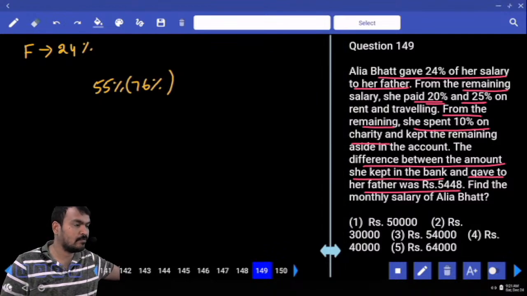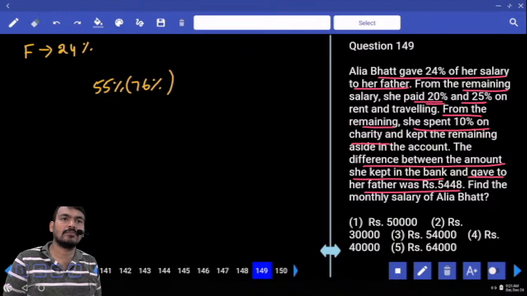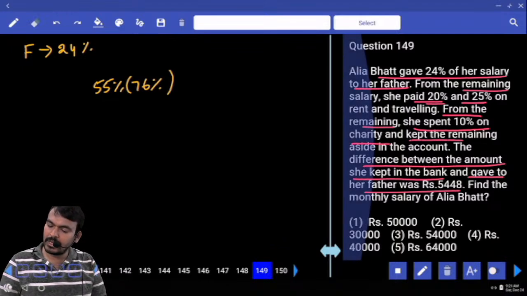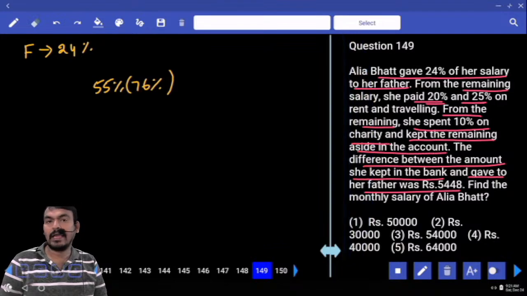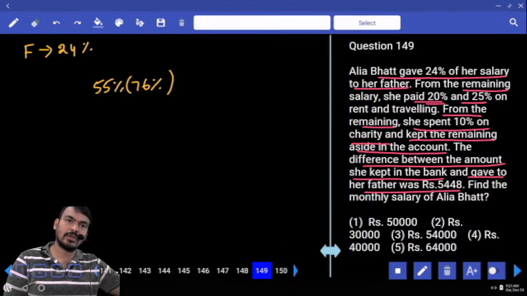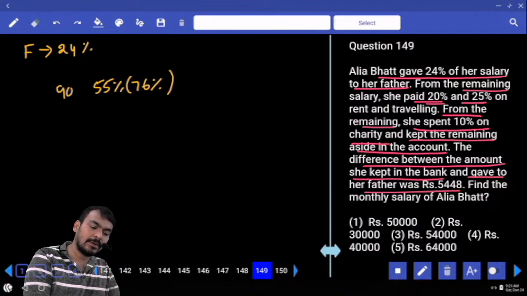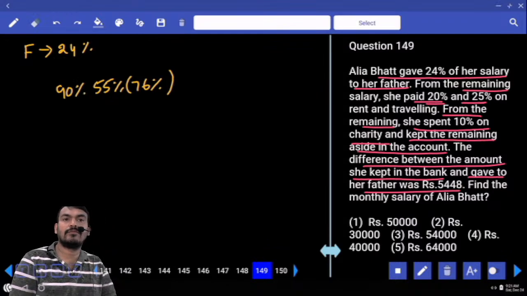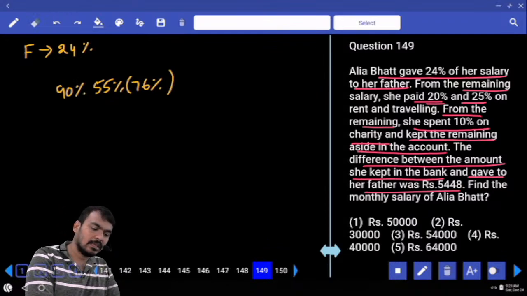Out of the 55% of 76%, 10% is charity. What is the remaining value? The remaining value is kept in the account. Means out of 55% of 76, 10% is charity, so the remaining value is 90% of which one? 55% of 76. That is the bank account.